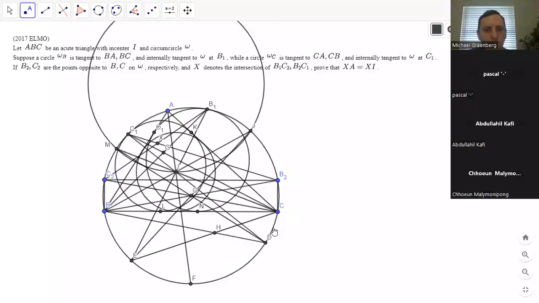Oh, maybe it's just a symmetric argument, because maybe, I wonder if, yeah.